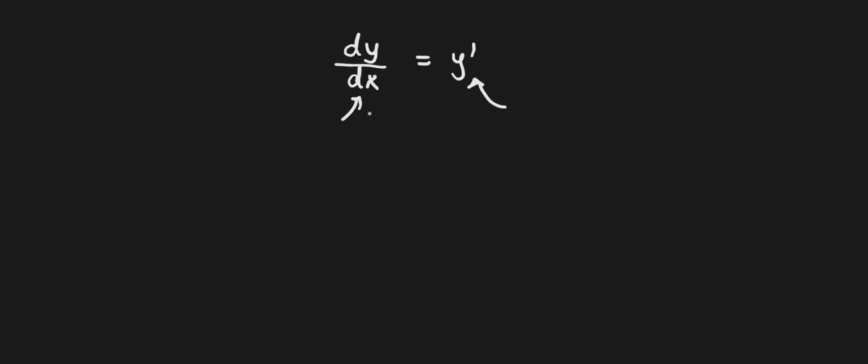Now, let's try to understand what this means. What does dy by dx mean? So dy by dx is basically the differential of y over the differential of x. What does the differential of y mean? Well, if we just look at dy, it's a change in y that is infinitesimally small.